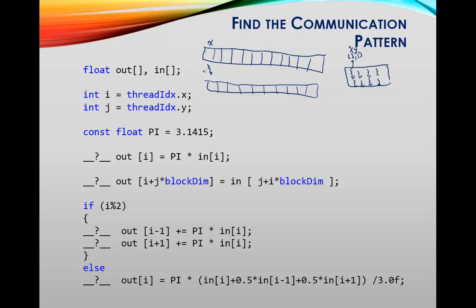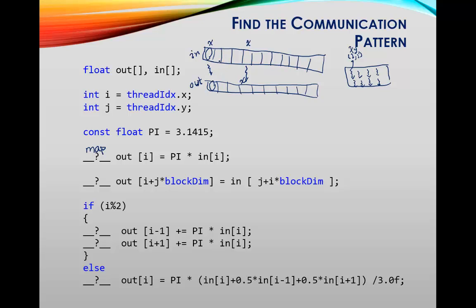So if you have a threadIdx.x, it's going to take this input and write it into the output. This is going to be a map operation. Basically, each threadIdx.x is going to write into the output threadIdx.y. So it's going to be a map operation, but our operation is going to be strided.